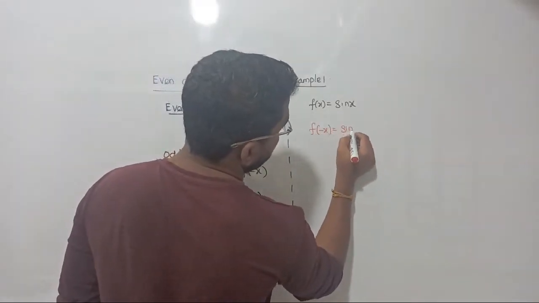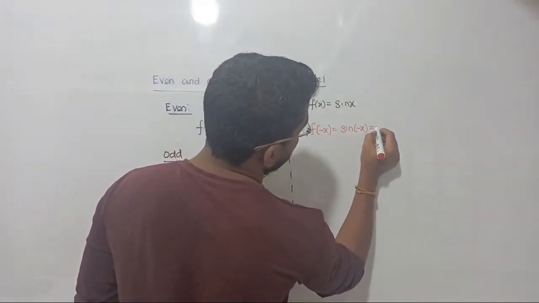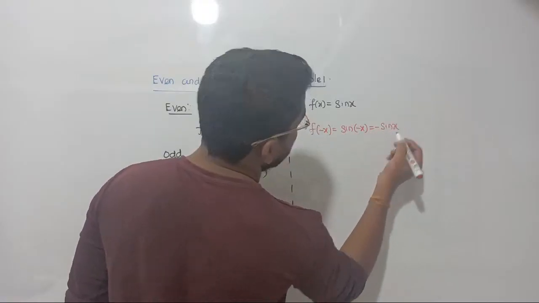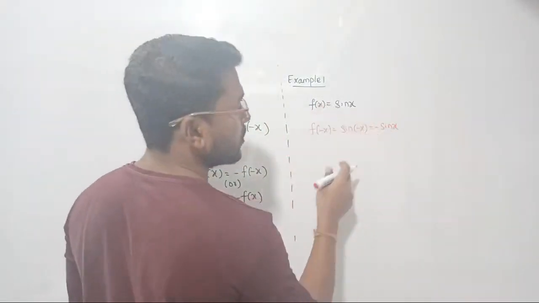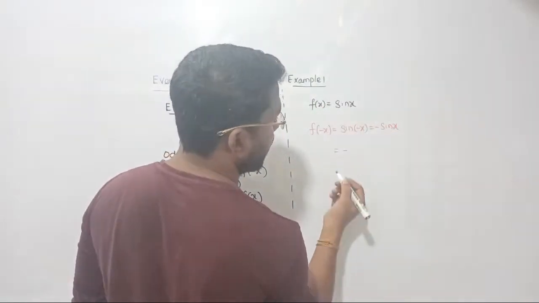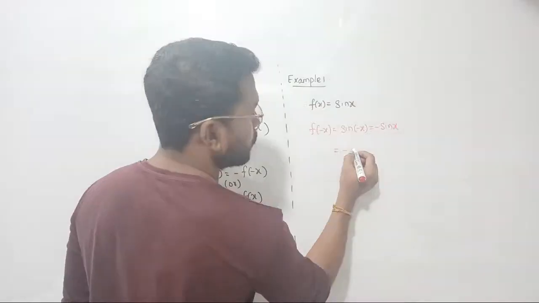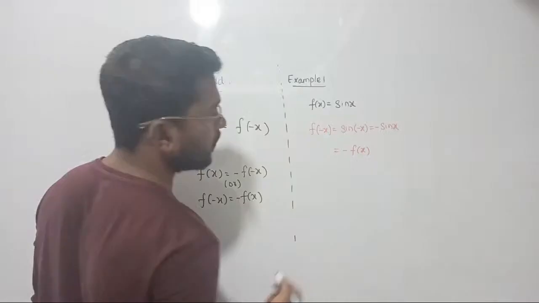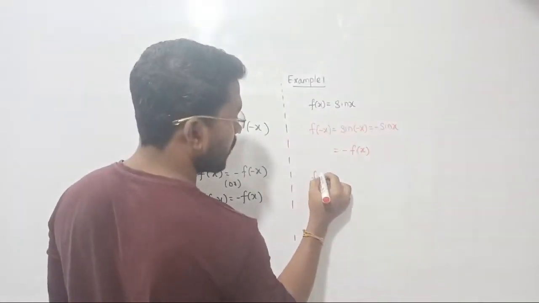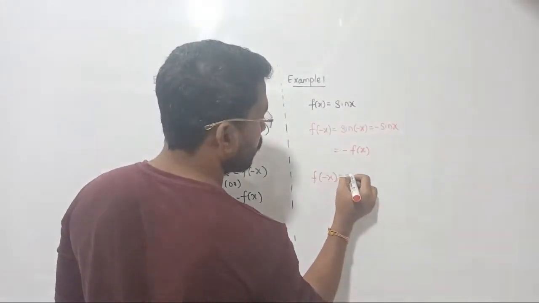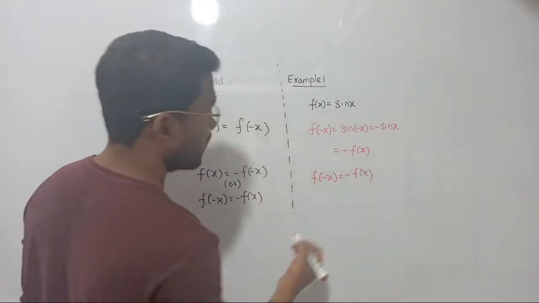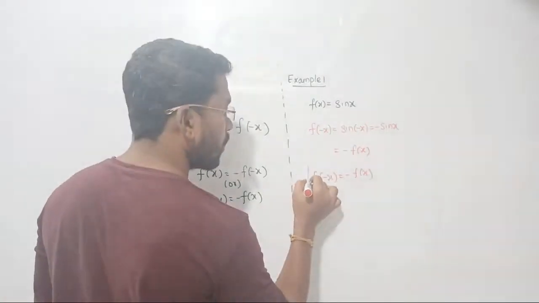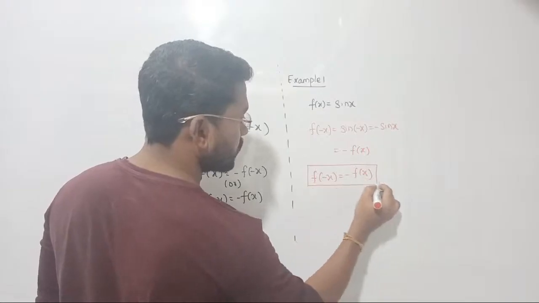That is going to be sin of minus x, which is equal to minus sin x. If you notice these two things carefully, minus sin x is minus f of x only, no? Sin x is f of x only. So what is the relation that we got here? f of minus x equals minus f of x, such that sin x is always said to be an odd function.